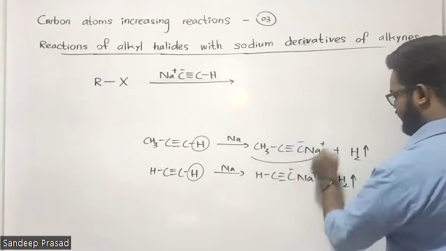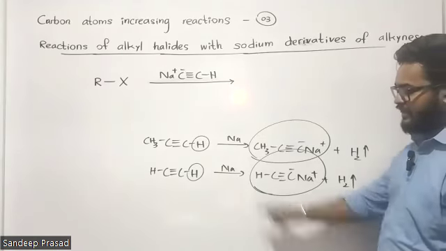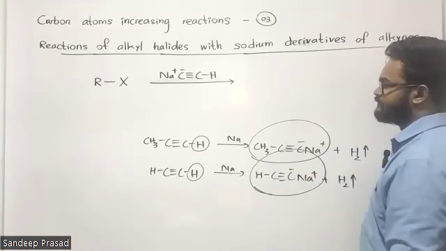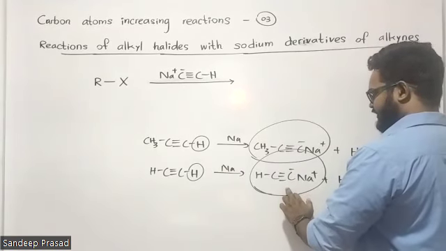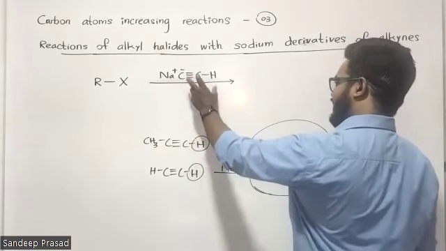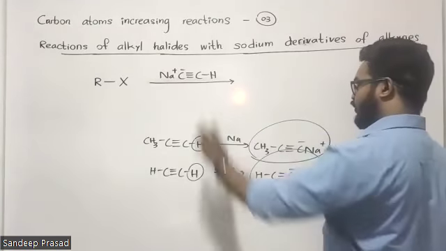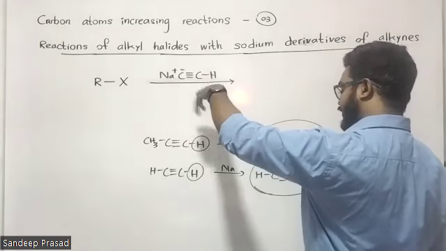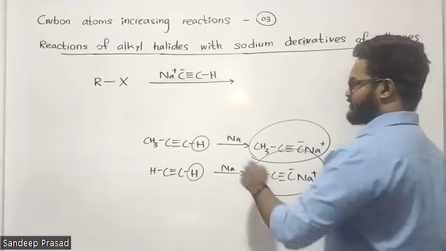These are sodium salts made by the reaction of alkynes and sodium metal. This is not the reaction that we want to learn here. Alkyl halide reacts with these sodium derivatives of alkynes in order to increase the number of carbon atoms. Now look at this one.